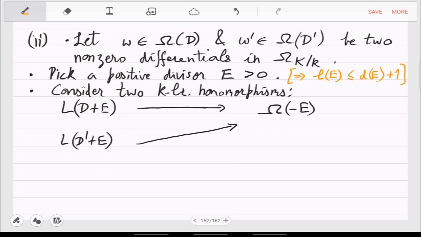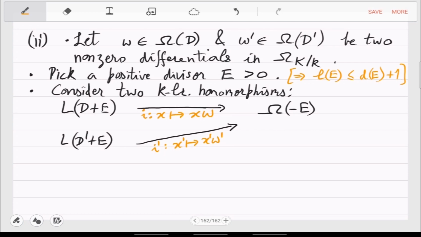You are given omega, right? You have to use omega. So basically that function you should just multiply with omega. That's the plan. And here just multiply the function with omega prime. X prime goes to x prime omega prime.